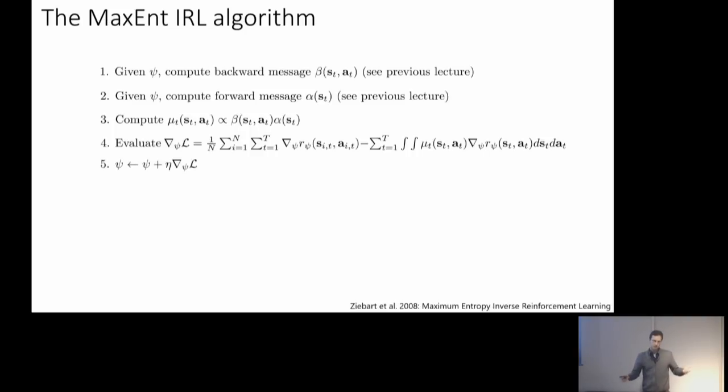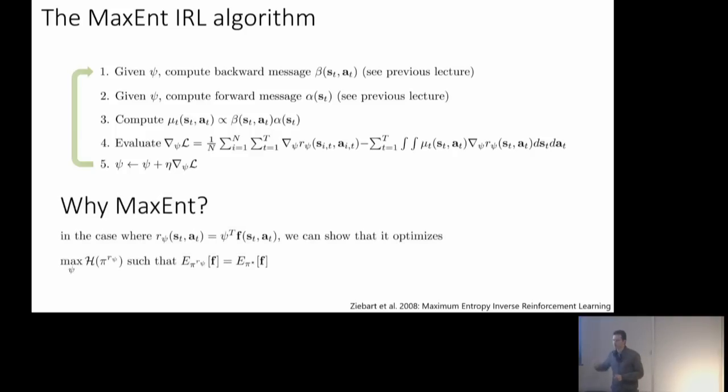And then we just take a step along that gradient. And as we showed in this derivation, this amounts to a maximum likelihood optimization. It's trying to find the psi that maximizes the likelihood of the demonstrations that you saw under this particular model of an approximately optimal policy. And then you just repeat this until convergence.